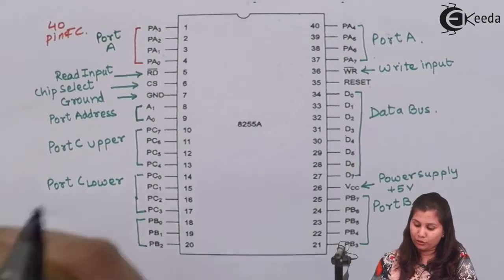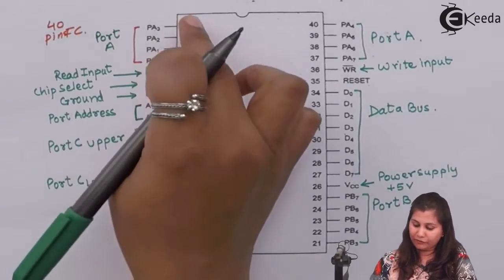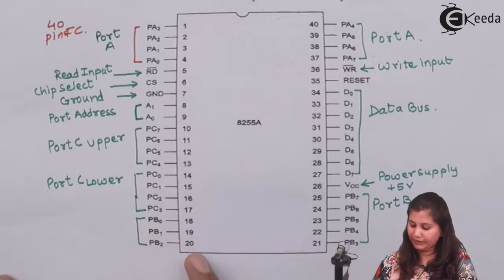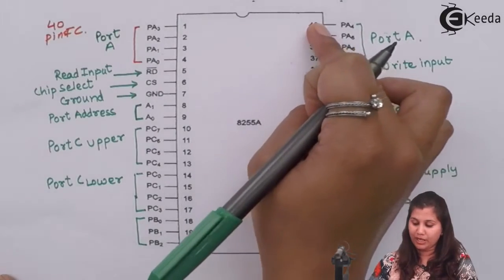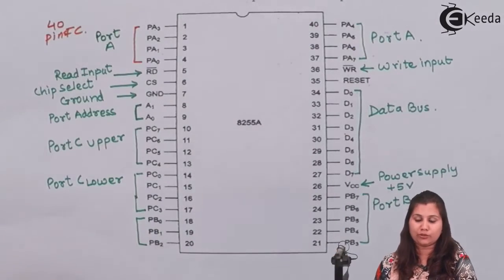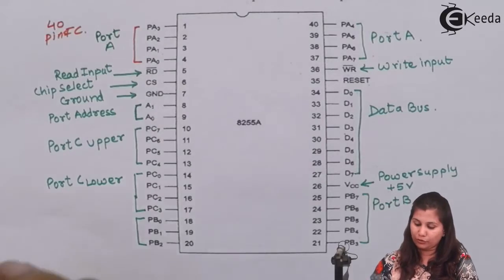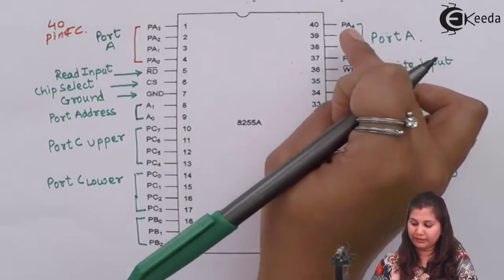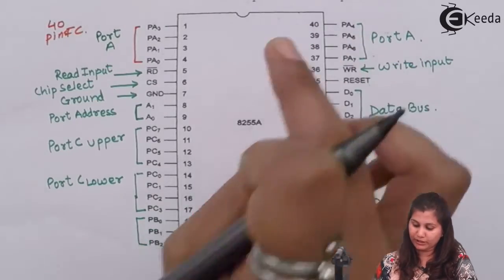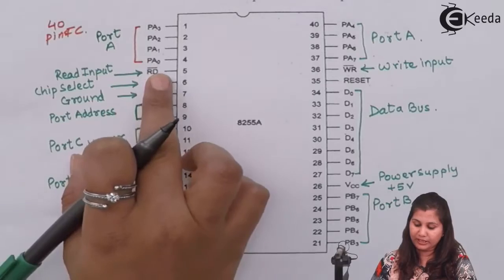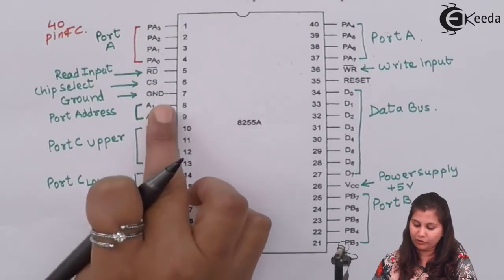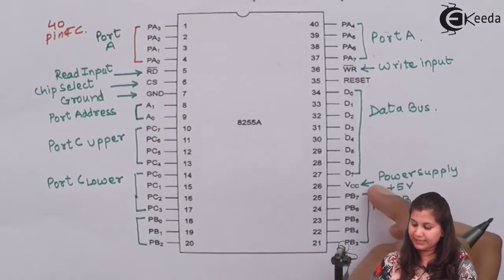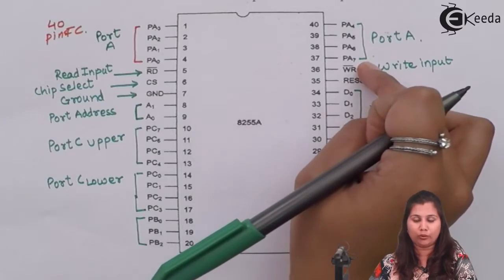Okay, so let's start again. We have the 40 pins from 1 to 20, then 21 to 40. We have 3 ports in 8255, so each port has 8 pins. So we have 4 pins for port A, then 4 pins for port A here from 37 to 40. Then we have the read, chip select, ground, A0, A1 and VCC, reset and WR.